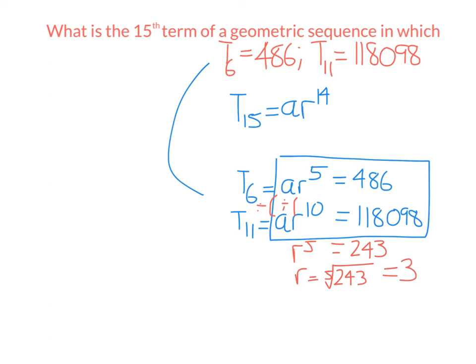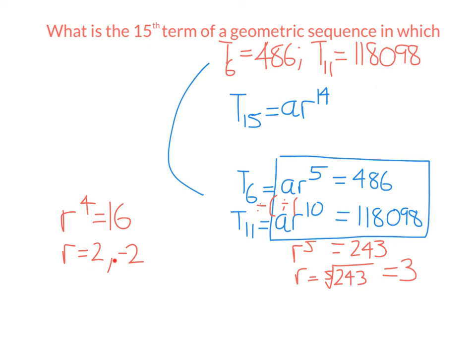Now I need to issue a word of caution when you're having an equation like this. See, if the power is odd, as it was here, there's only one solution. But if I get a situation where there is an even power, there would be two possibilities for the common ratio. They'd both be the same number, but one's positive and one's negative. So I just wanted to show you, if you got something like r to the power of 4 is 16, r could be 2 or negative 2.